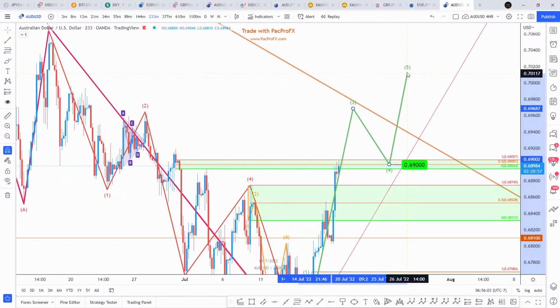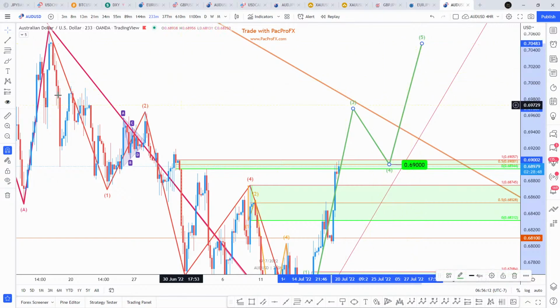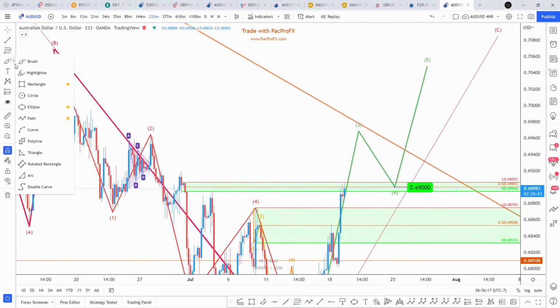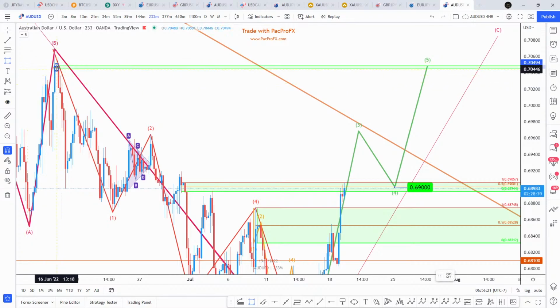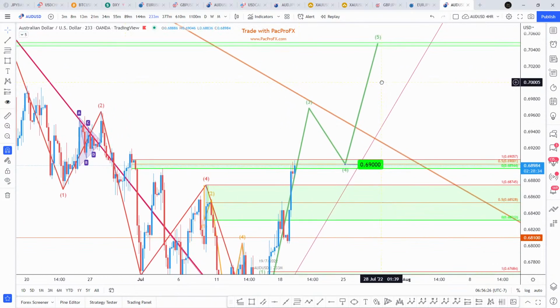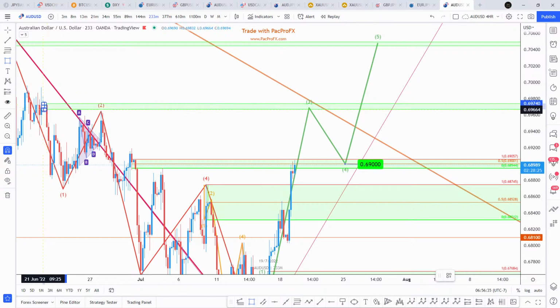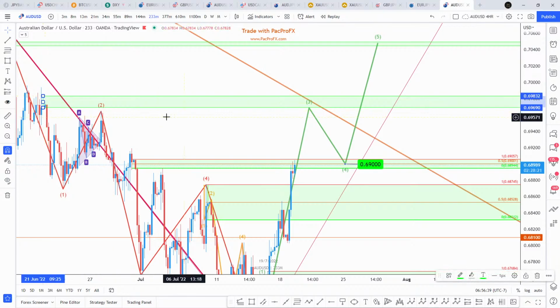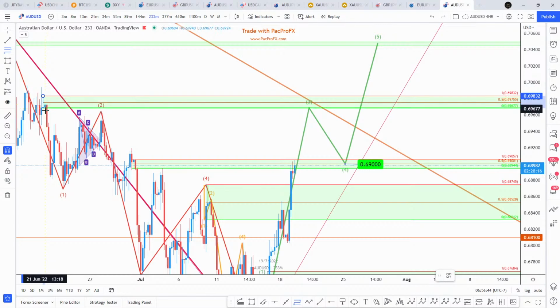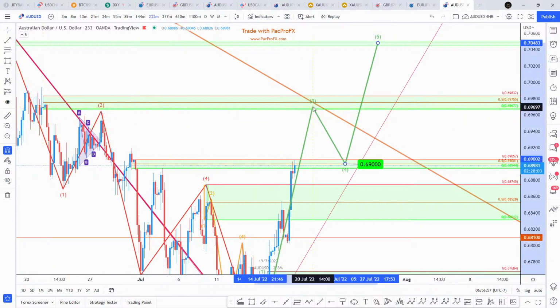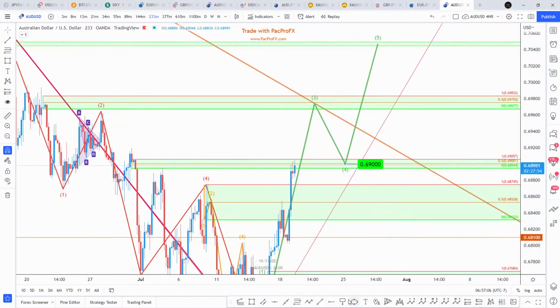After this, the next stop is all the way up there. Should look like something like that.